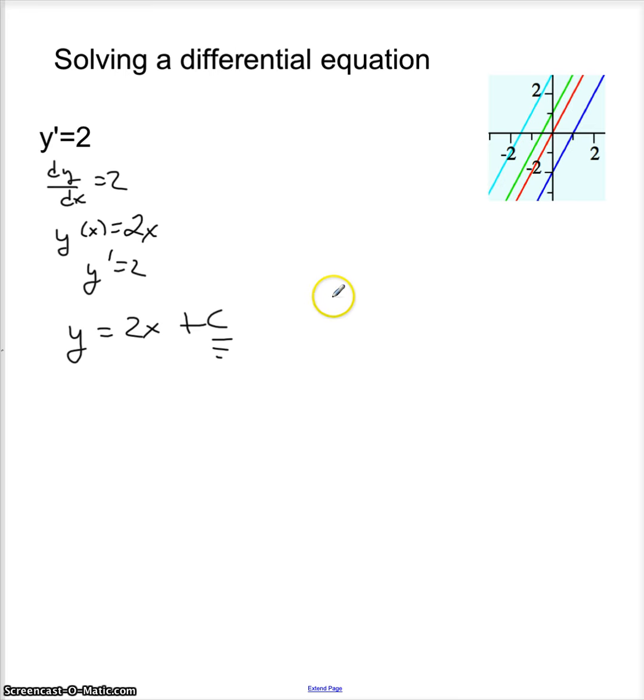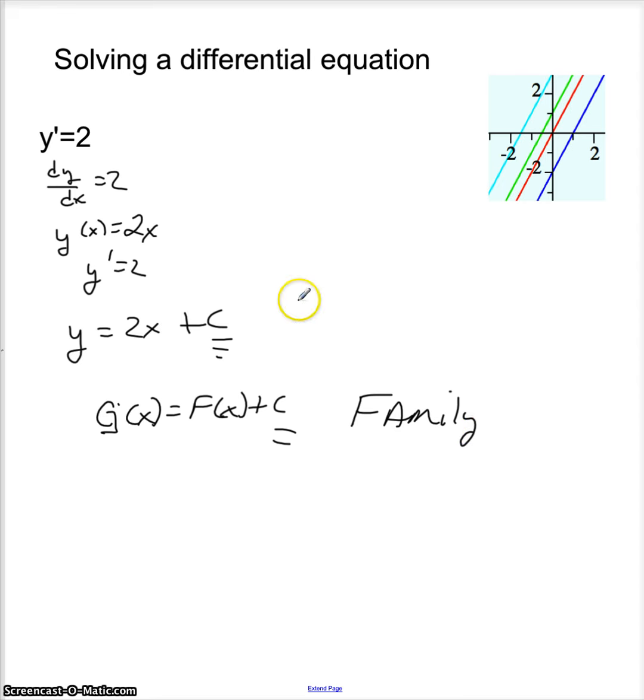If I were to go back to the definition of the antiderivative, where G of x is F of x plus c, you wind up with what's called a family of solutions, or a family of antiderivatives, because y equals 2x is a solution, y equals 2x plus 1 is a solution, y equals 2x plus 2 is a solution.